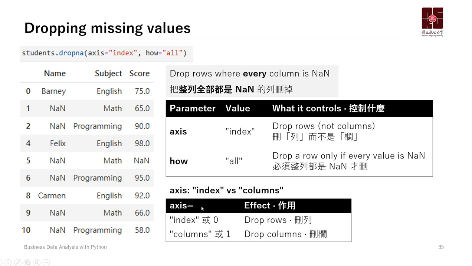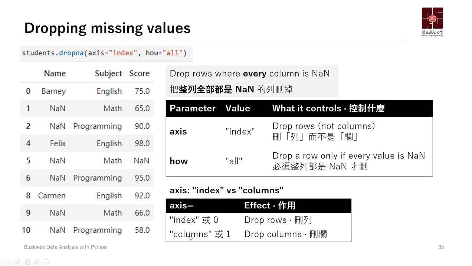And axis, we can set it up with 0 or 1. Axis, you can set it up with index and column. Index is just dropping the piece of the data. Maybe index 0 is our first data, index 1 is our second data, index 2 is our third data.